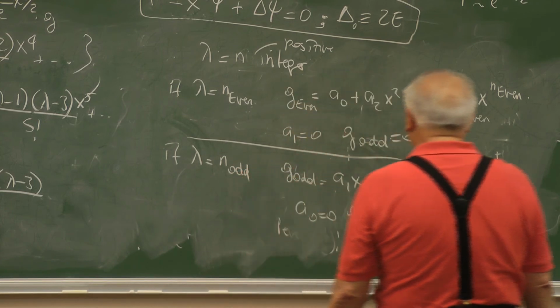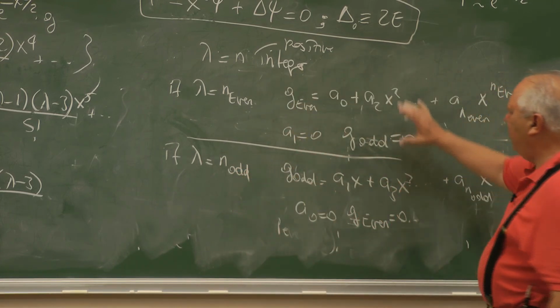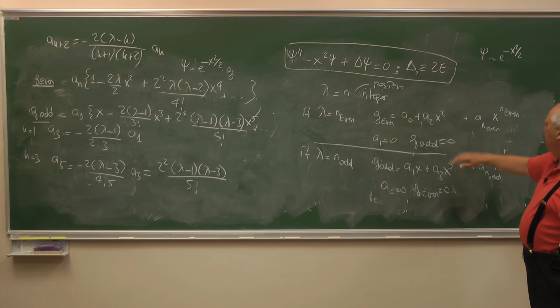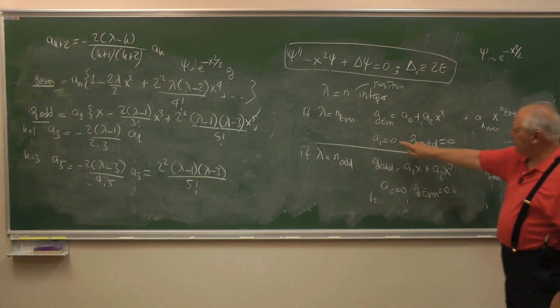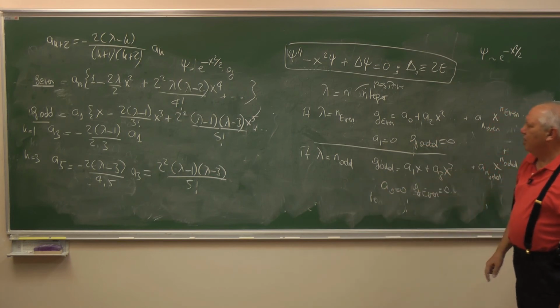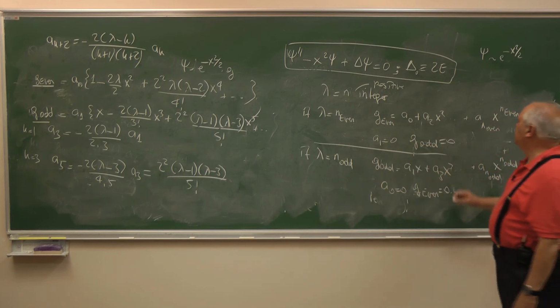So no matter what, we have one of those, depending on n is even or odd, and we put the starter of the other series to 0. So we have obtained the g.